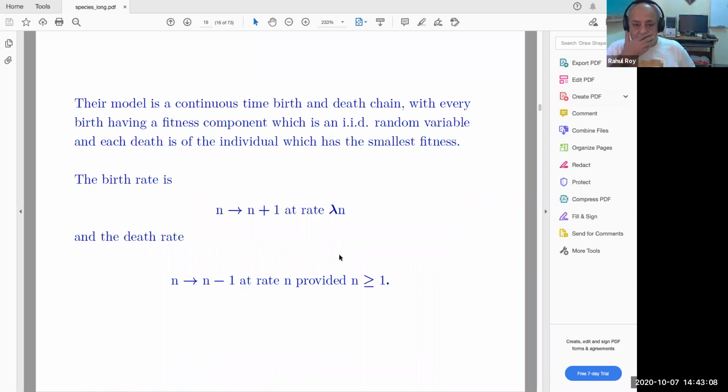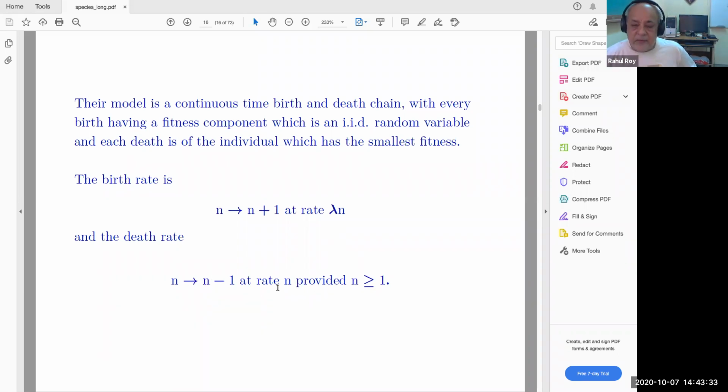So what they did was study a continuous time birth and death chain, with every birth having a fitness component, which is an IID random variable, and each death being of the individual with the smallest fitness. The birth rate of going from n to n plus 1 is lambda n, and the death rate of going from n to n minus 1 is n.